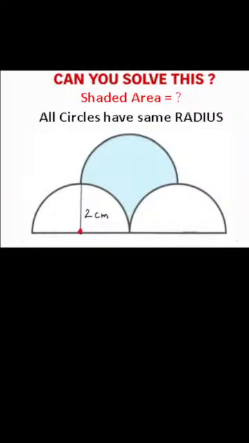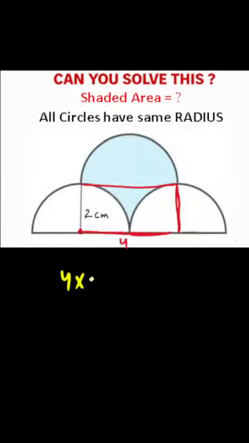So let's see. Yes, Porsche, you are right. See, this is 2. If I join this, this is also going to be 2. If I join this, it is going to form a rectangle here, right? So the width of the rectangle is 2, and this is 2 plus 2, which is 4. The length of the rectangle is 4. Now, in order to solve for this particular area only, I can find the area of the rectangle and subtract the area of these two quadrants.